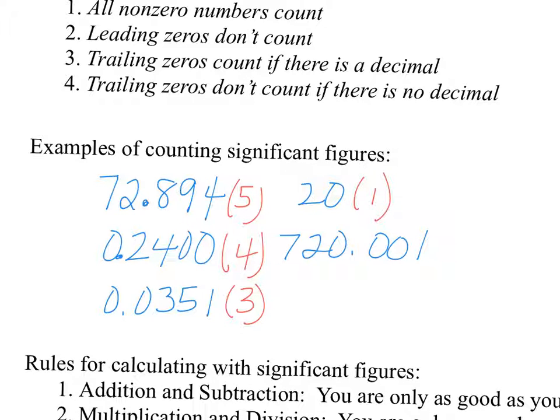And the last one? 6. There is a decimal, so all zeros count. Make sense? Yes? Okay. Do you need to write down those examples? Yeah. Okay. So take a minute if you need to write down the examples.